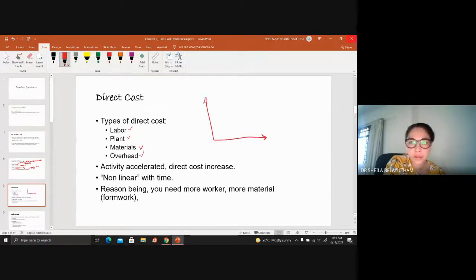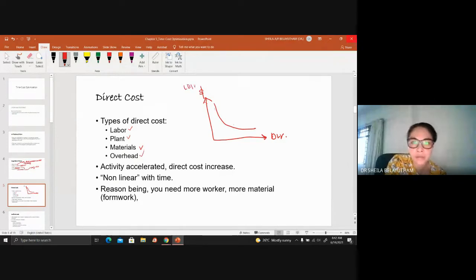Okay, so non-linear with time. So you have the cost, you have the duration. Activity accelerated, meaning to say that your duration decreases, your cost will increase. The shorter your duration, the higher your direct cost would be.